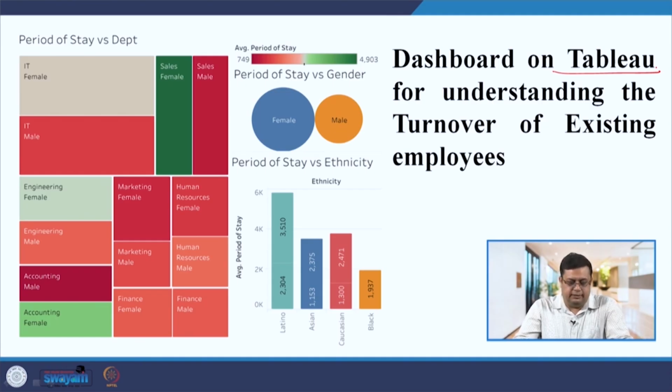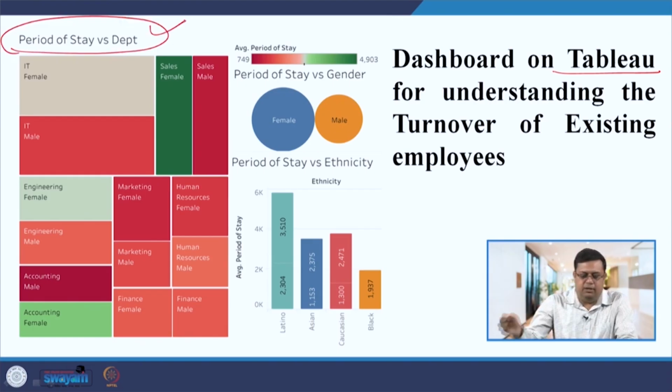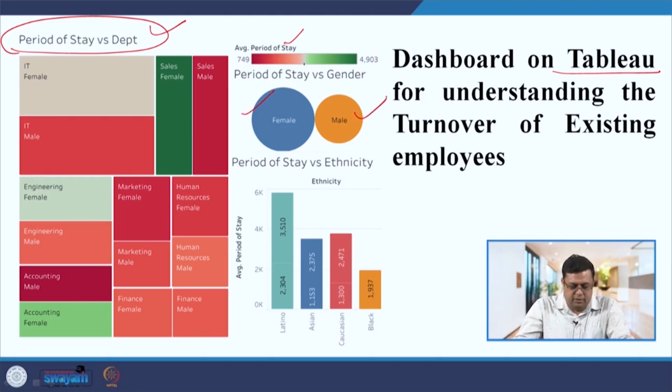Here you can see what data is there, and you can try to interpret it. Here you can see period of stay versus department. Department-wise, how many days people are staying. First, you can see the average period of stay, for female candidates and male candidates.